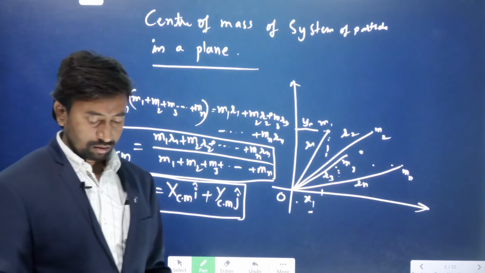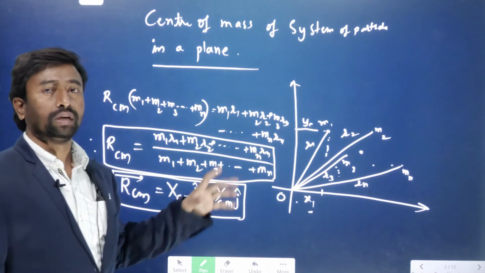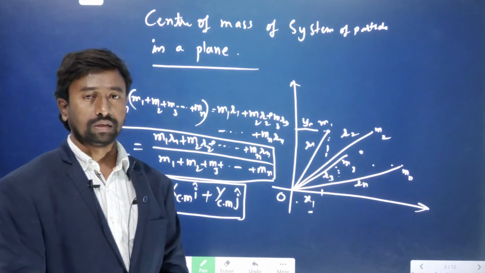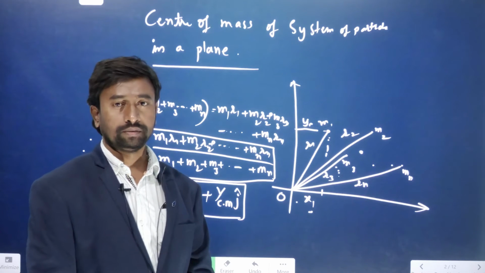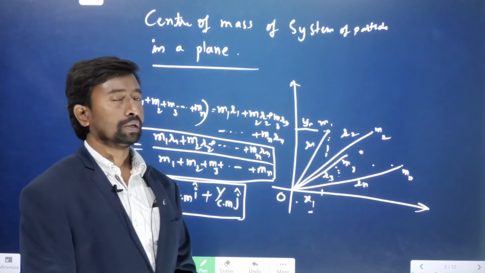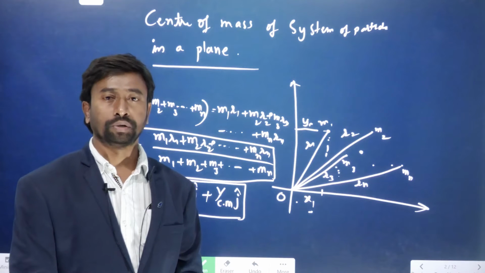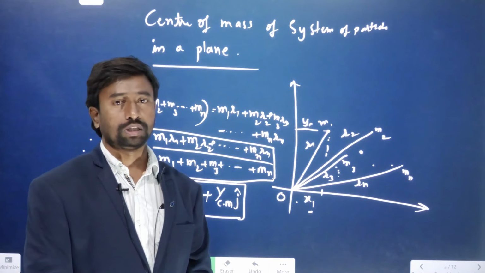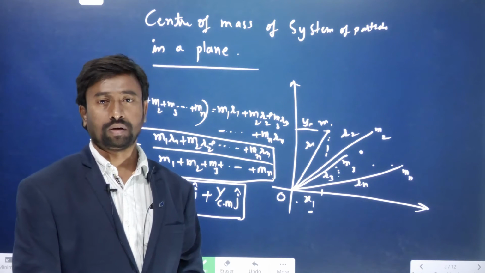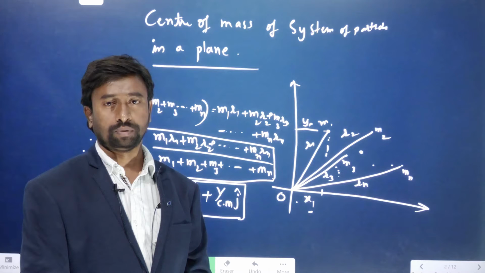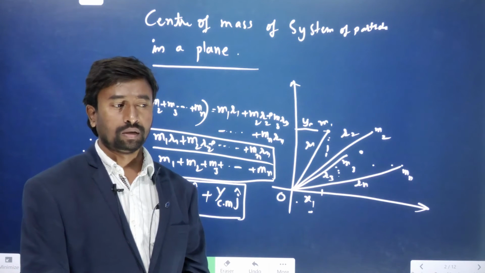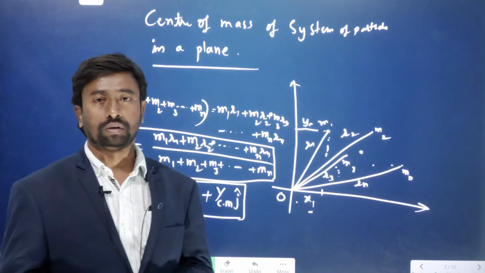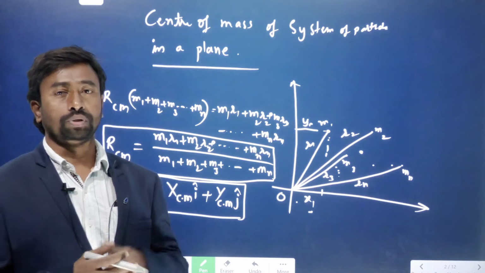Now we will see. Up to here we have seen the center of mass of particles which are distributed in a plane or in a straight line. Now we will see what happens if a continuous body is considered, like a uniform rod, or a non-uniform rod, an extended object: where is the position of the center of mass?